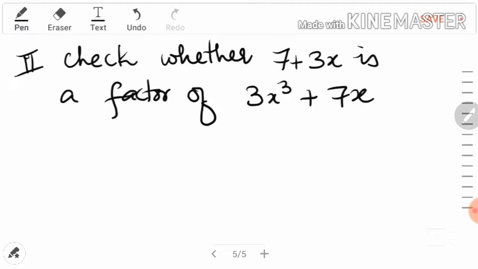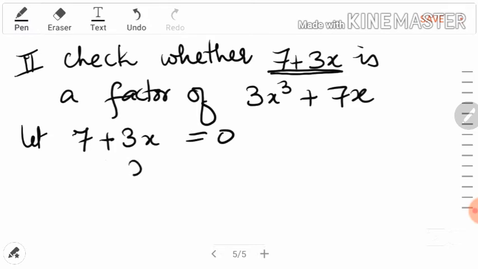Second question, check whether 7 plus 3x is a factor of 3x cube plus 7x. So which one is the divisor here? Polynomial with the smaller degree. So let's equate the divisor to zero. Let 7 plus 3x equal to 0.